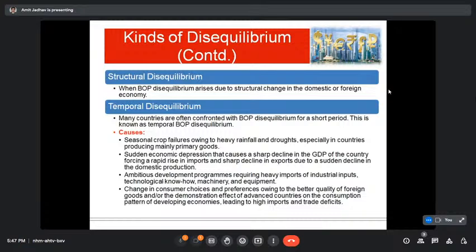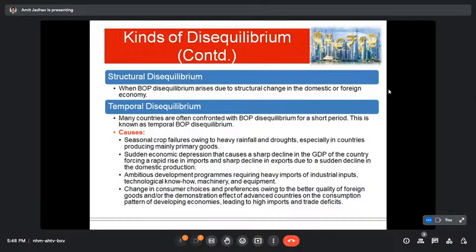Temporary disequilibrium means many countries often confront a BOP disequilibrium for a short period. This is known as a temporary disequilibrium of the BOP. After some time, they regain equilibrium in their BOP. So these are the kinds, or types, of disequilibrium.